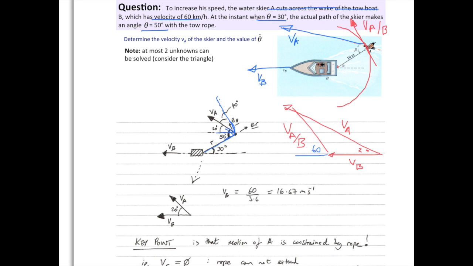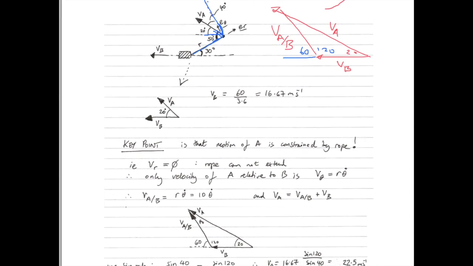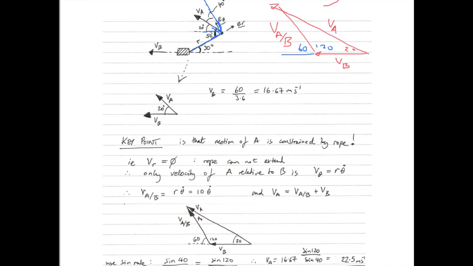If that's 60, then of course that's 120. And as I've drawn below, if that's 20, 120, then this must be 40, and then the question is simply finding the dimensions of the sides.